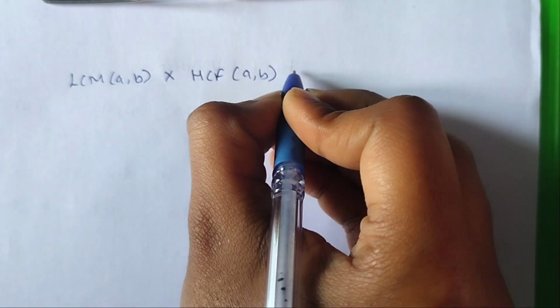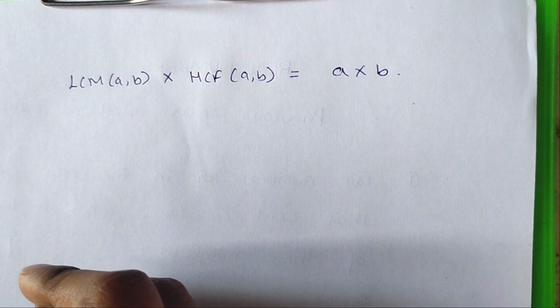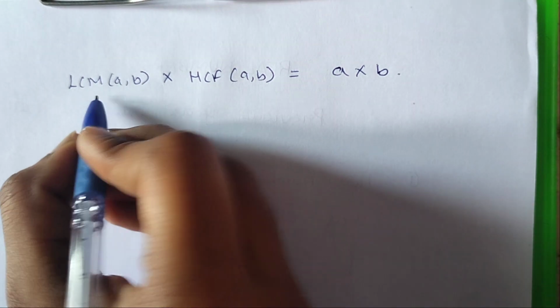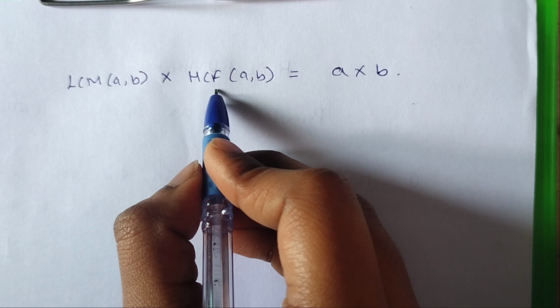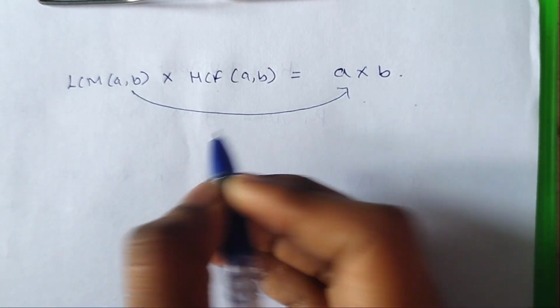Now it is easy for us to find the value of HCF using the formula. We know the formula that LCM of the two numbers into HCF of the two numbers is equal to the product of the numbers. We know the LCM and the two numbers, 60 and 90, but we need to find the HCF. So we transpose the LCM to the right hand side.